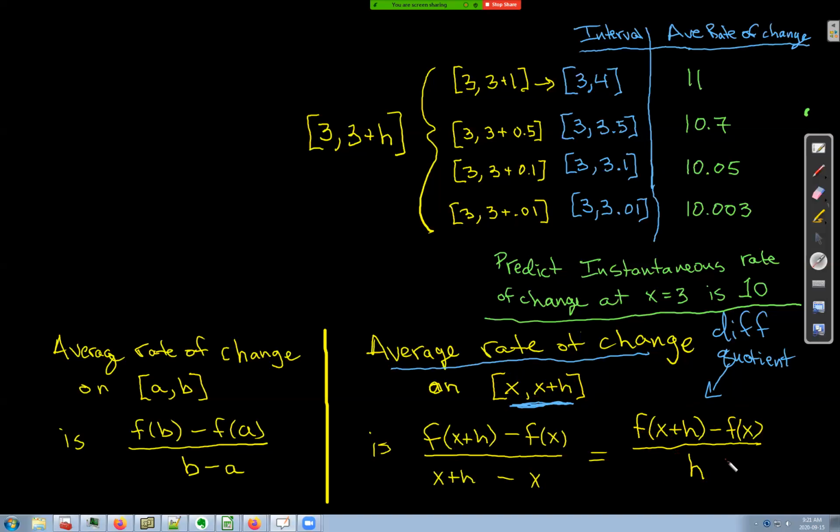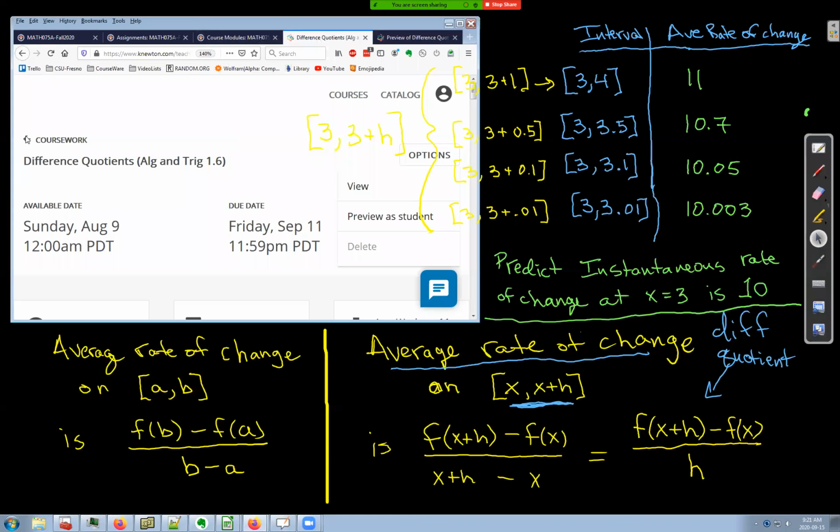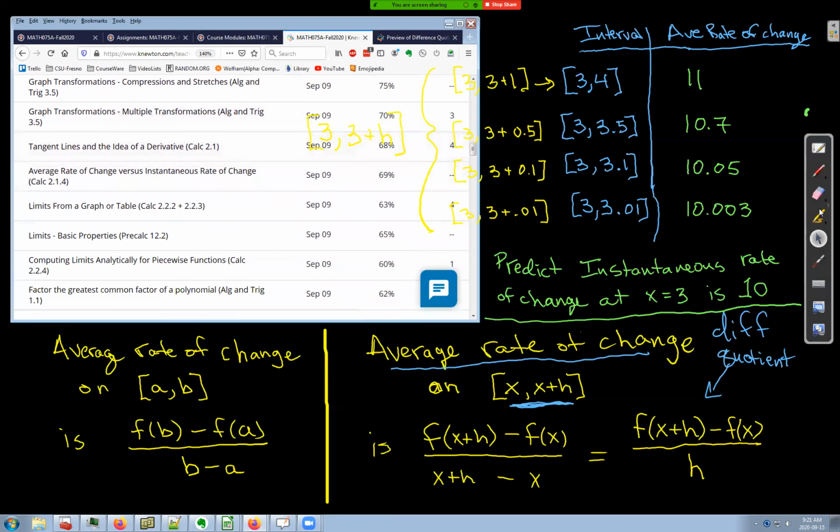In some sense, you've been using the difference quotient in your homework. You just didn't realize it. As an example, let me bring up my homework again. When you did the homework about average rates of change, you were using the difference quotient, you just didn't realize it.